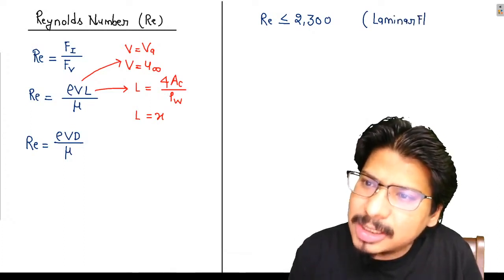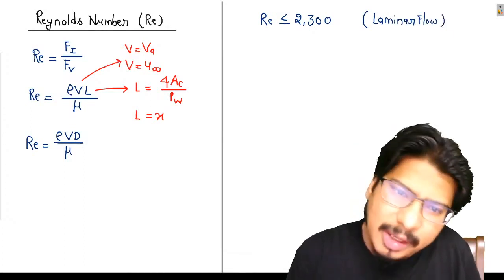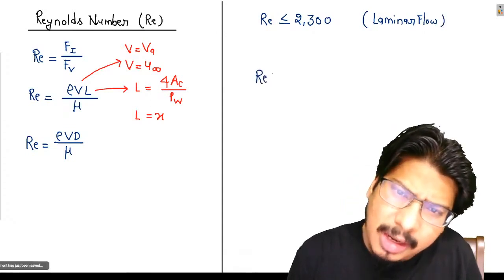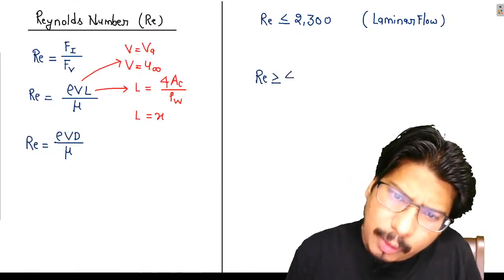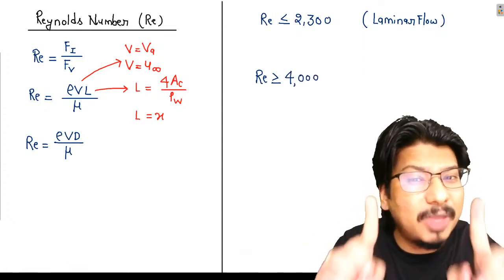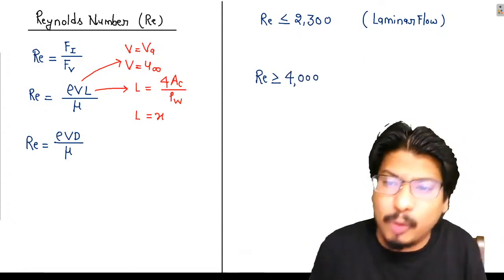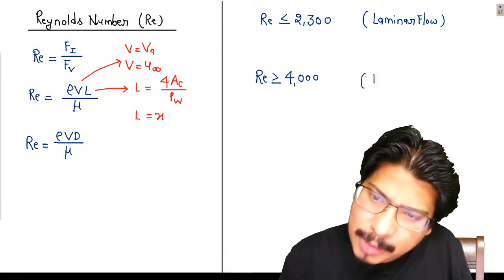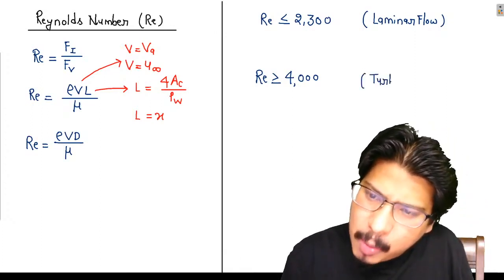And if the Reynolds number is more than or equal to 4000, this is for flow through pipe only, then the flow will be turbulent flow.